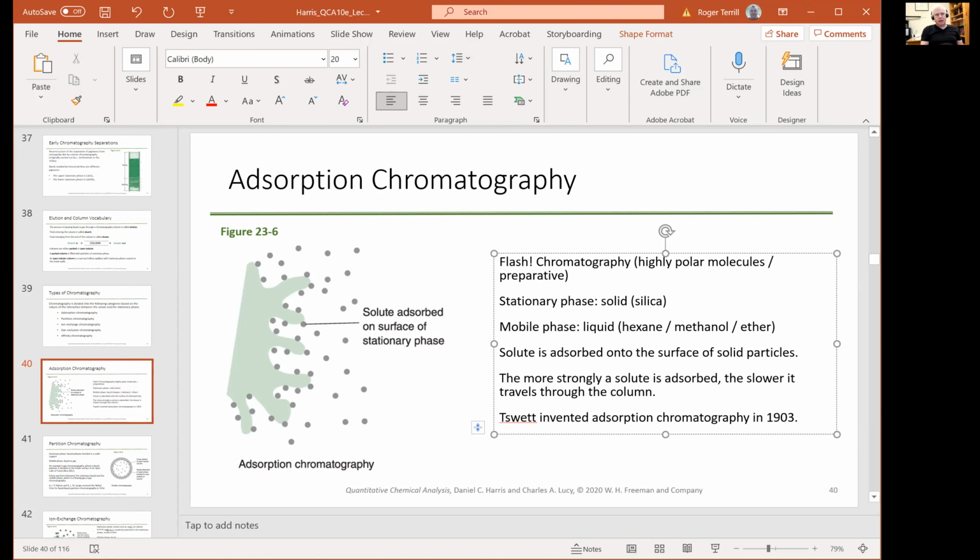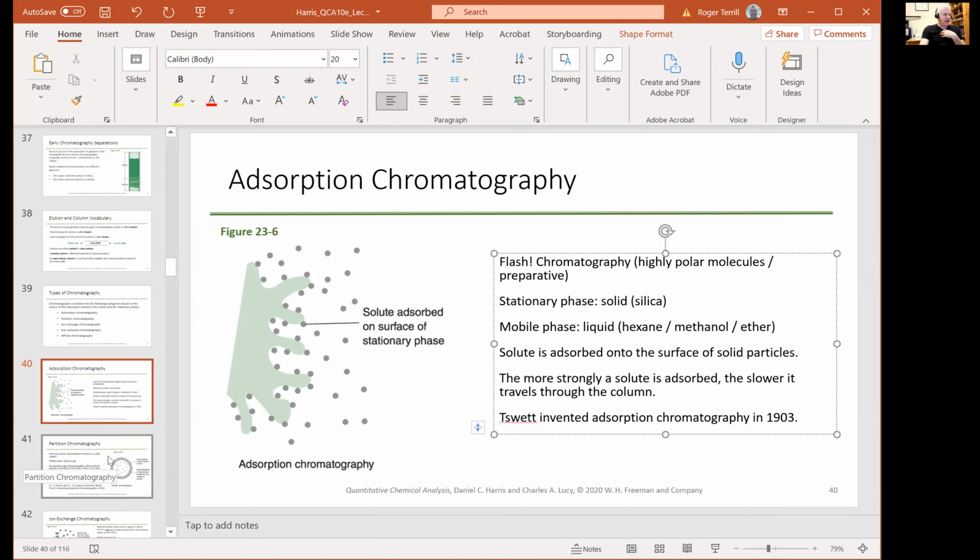So preparative chromatography is chromatography that's used when you're synthesizing a significant amount of material, and you need to collect what comes off the column, right? Analytical chromatography, you just throw it away. You just want to measure it, see how much is there, and you don't care about it. I just want to know how much is there.